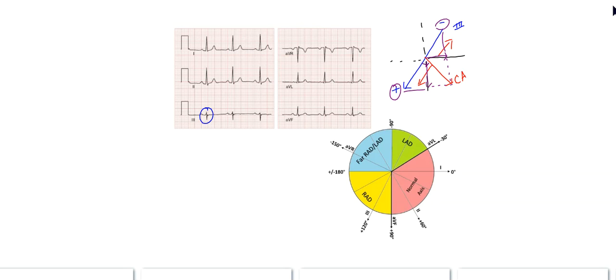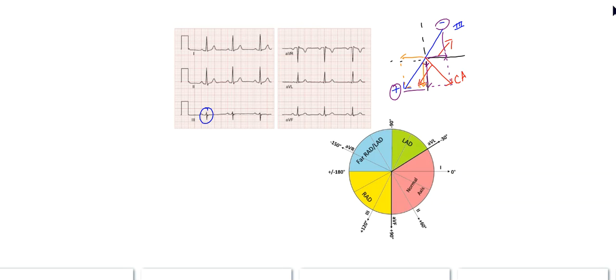Because if you were to do the resultant vectors only of lead 3, you would have this shared one, and that one heading the opposite direction of what the lead is. So one is shared in the same direction, one is not. So you get a positive deflection for the shared vector, and a negative deflection for the unshared vector. Okay, so that's why that's your starting point. When you start there, that means lead 3 is roughly perpendicular to the angle of your cardiac axis.